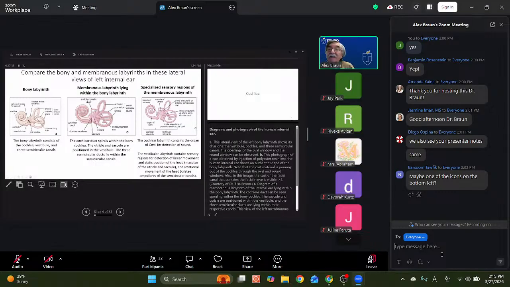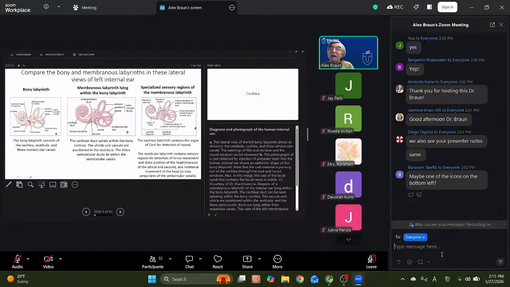cochlear duct here, the auditory labyrinth, there is a spirally shaped sensory epithelium which follows pretty much the entire length of the cochlear duct. This spiral-shaped sensory epithelium is called the organ of Corti.